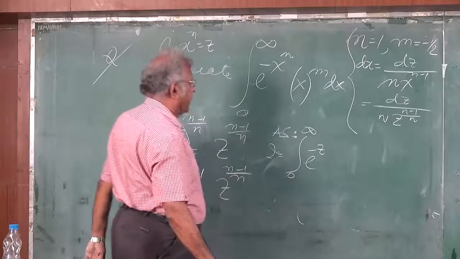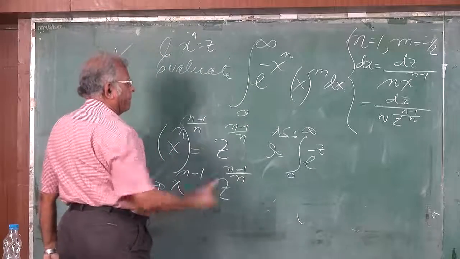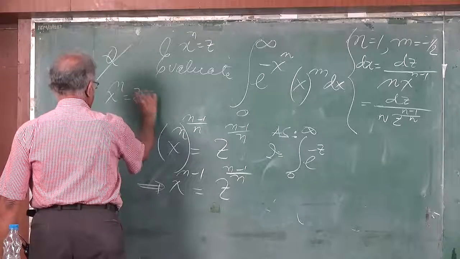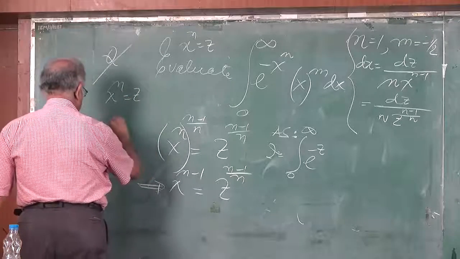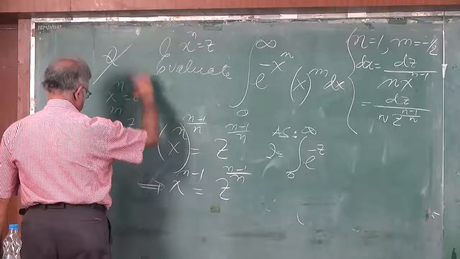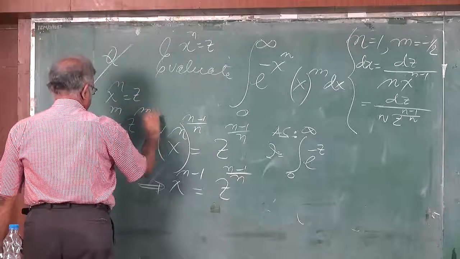That's there. X to the power of m. Now, x to the power of n was z, so x to the power of m obviously is z to the power of m by n.